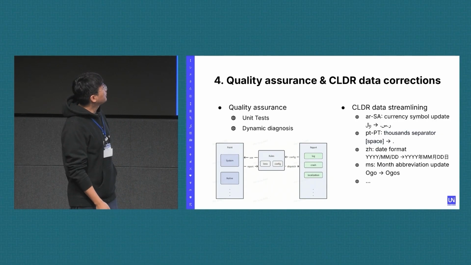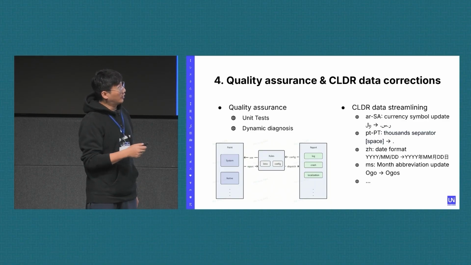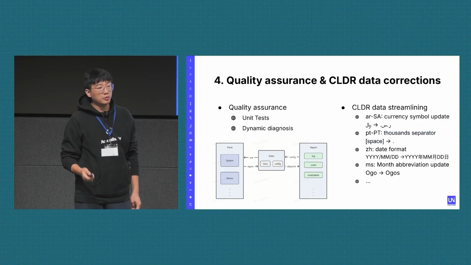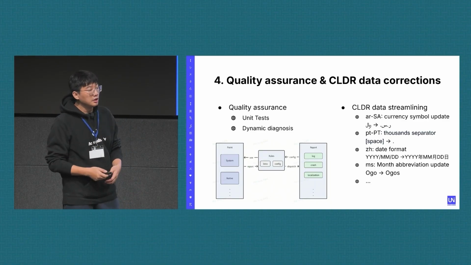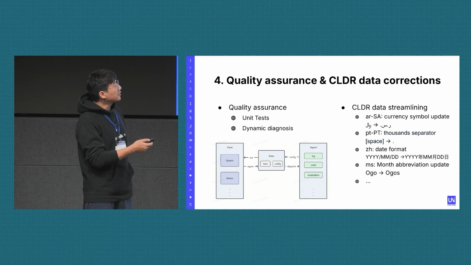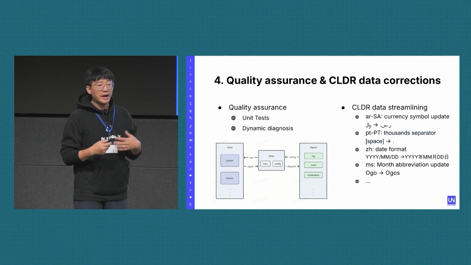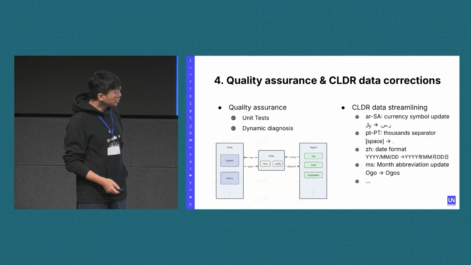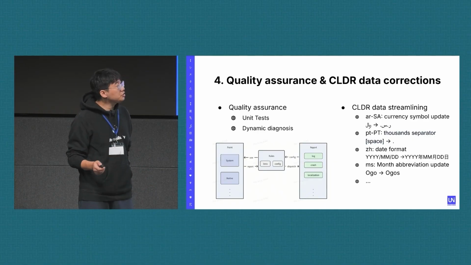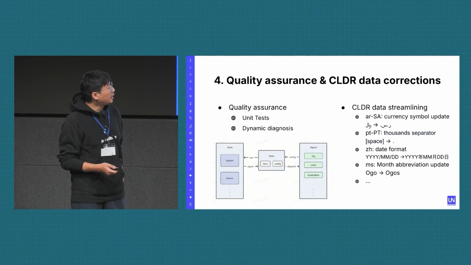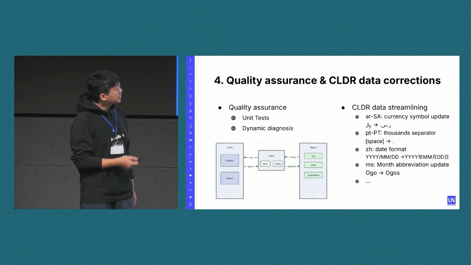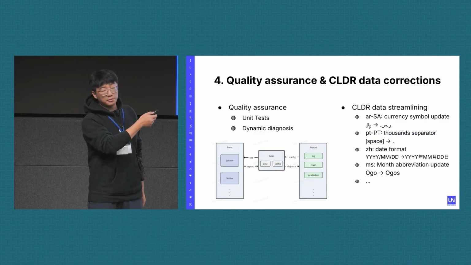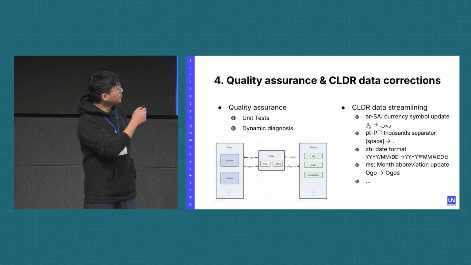And then another reason why we want to do our thing on our own is that when we are doing our practice, we find out there are some issues with the CLDR database. And for example, we did some corrections in our database.